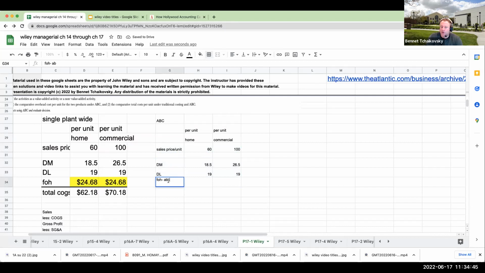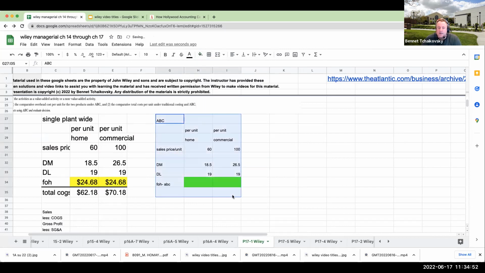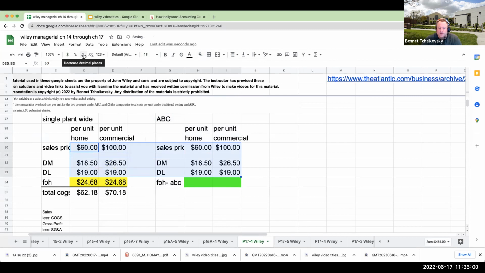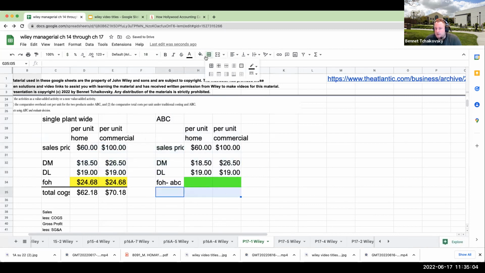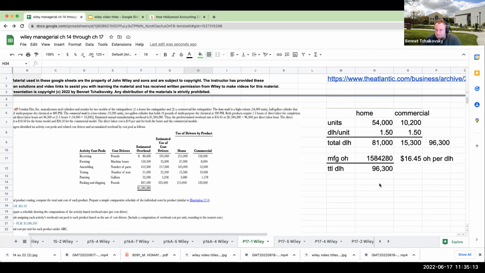But my factory overhead under ABC is more than likely going to be different, and we're going to see exactly how this works. So in this chapter, chapter 17, what you're basically trying to figure out is, what is it that's going to be under activity-based costing?